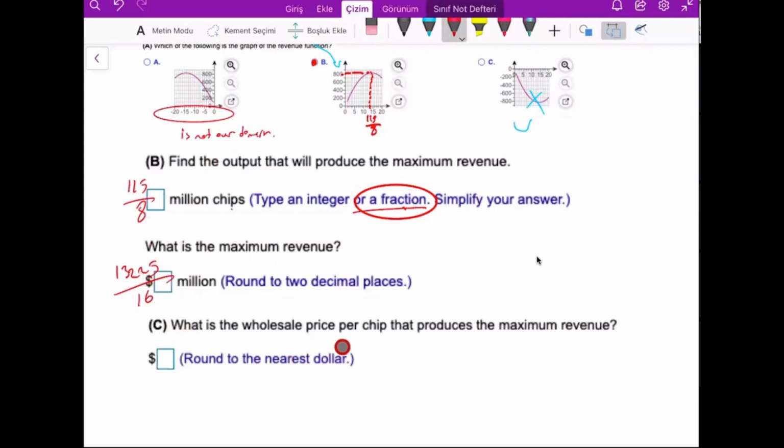What is the wholesale price per chip that produced the maximum revenue? So we should calculate P of 155 over 8, because revenue reached the maximum value when the demand is 155 over 8 million chips. So this is our price. How can we calculate the price?